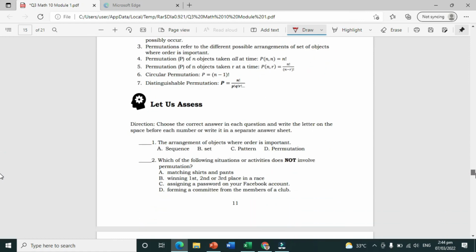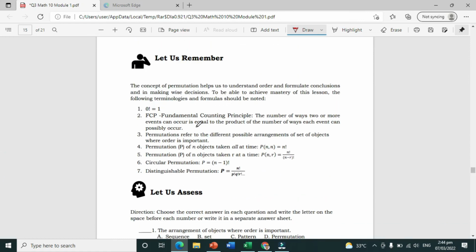Okay, so wala na. So, let us remember, 0 factorial is always equal to 1. FCP, the fundamental counting principle, states the number of ways 2 or more events can occur is equal to the product of the number of ways each event can possibly occur. Permutations refer to the different possible arrangements of a set of objects where order is important.